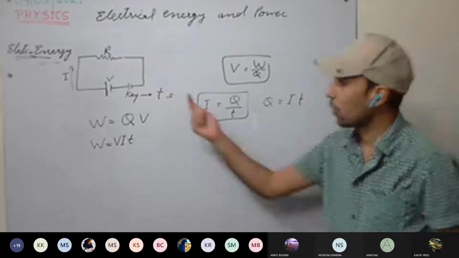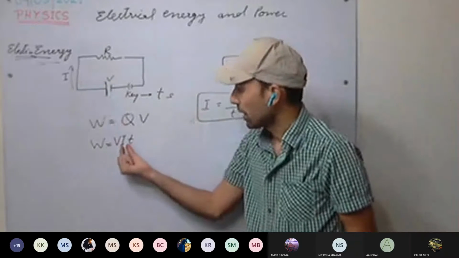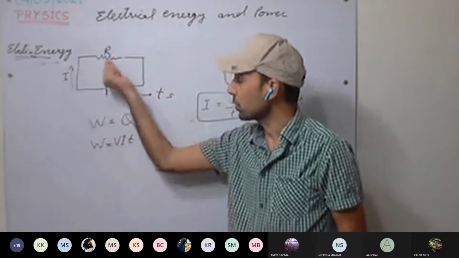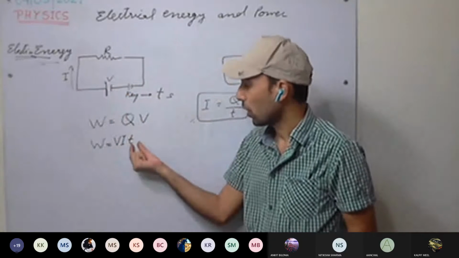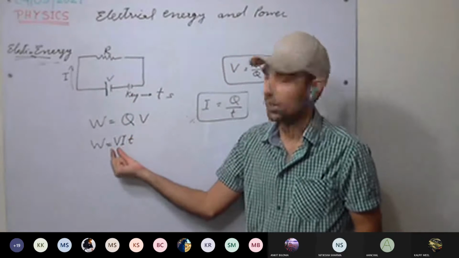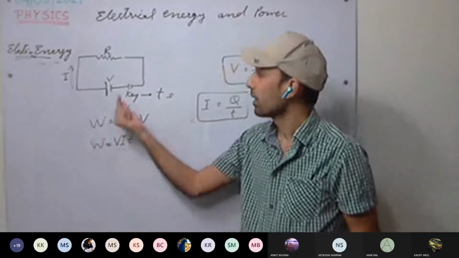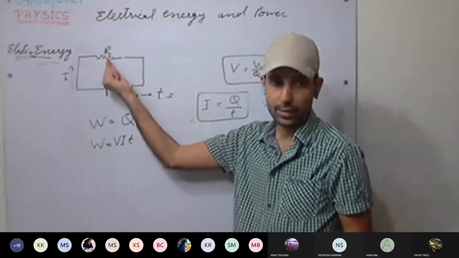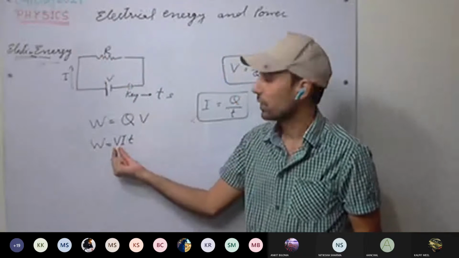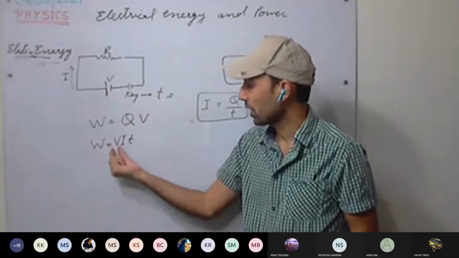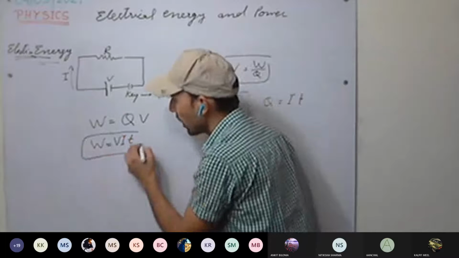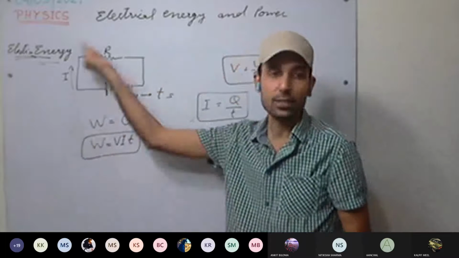VIT. It means the current I is passing through the circuit for T seconds under V voltage, that is, under the potential difference of V. This is the work done, and this work done is the same as the energy supplied.